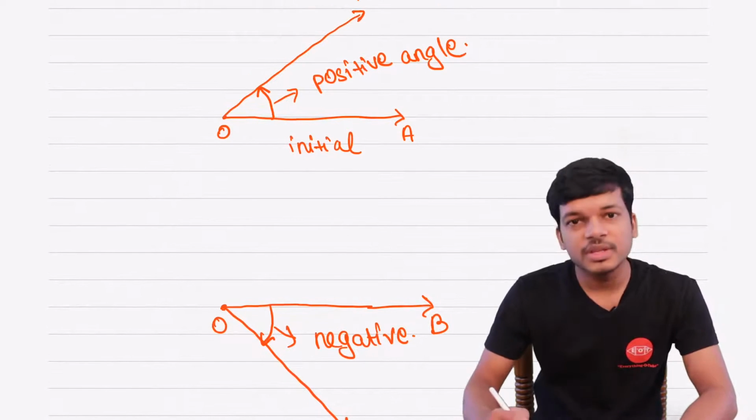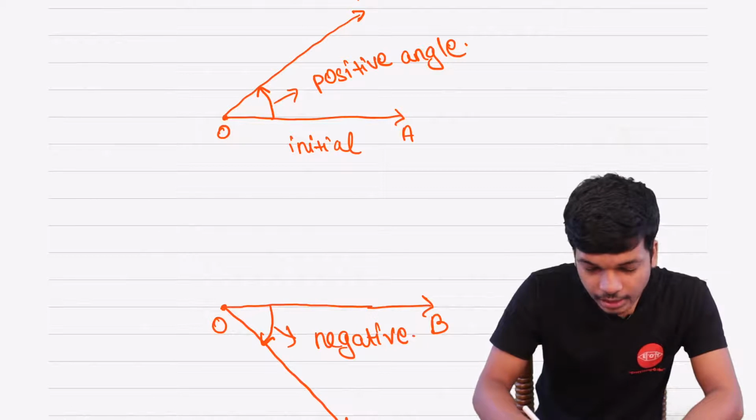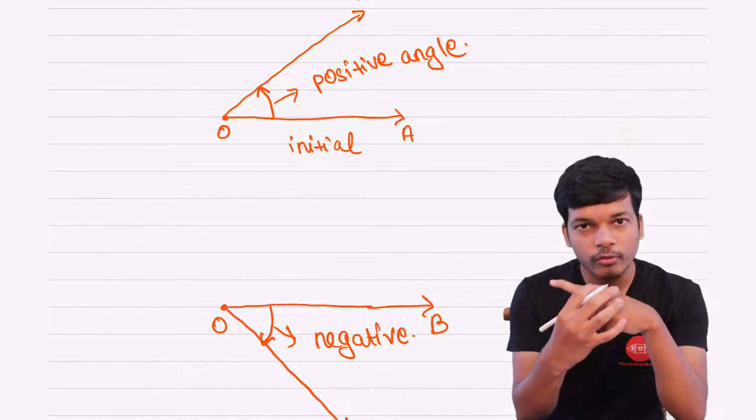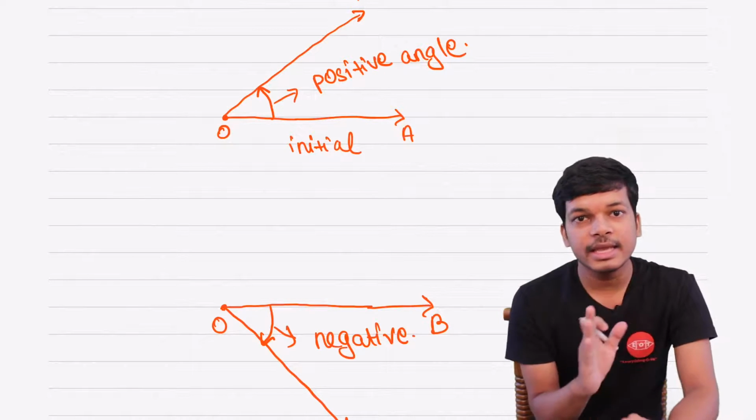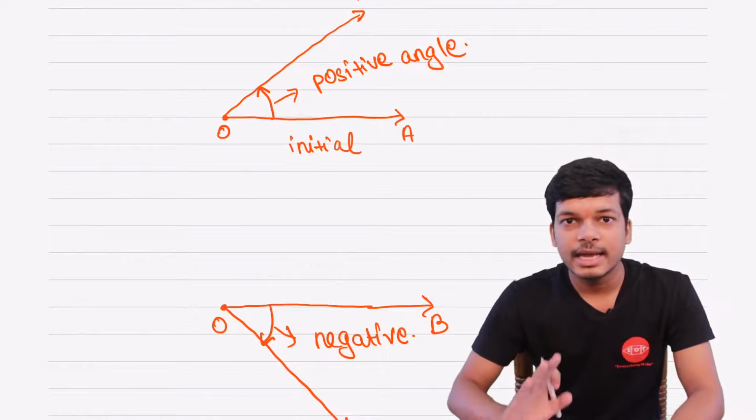So in both of these you can observe that O will be our vertex, the vertex O from which you are rotating this ray either in clockwise direction or anti-clockwise direction.